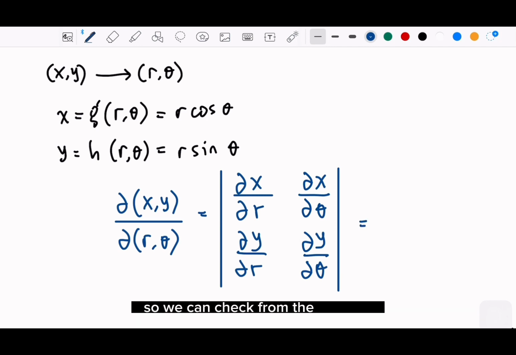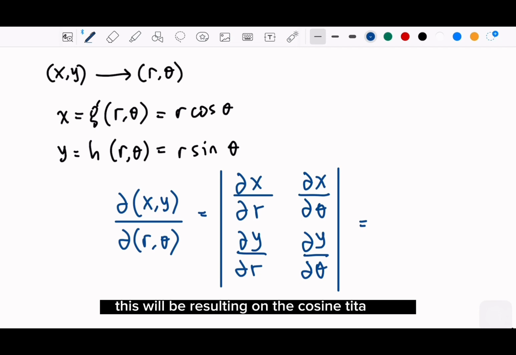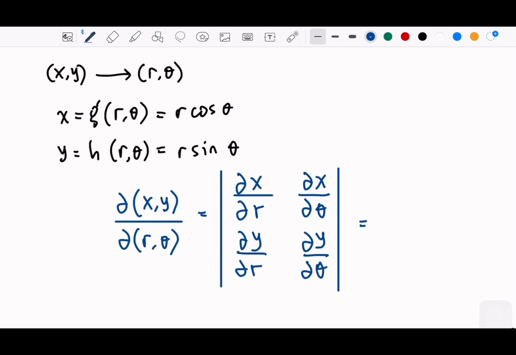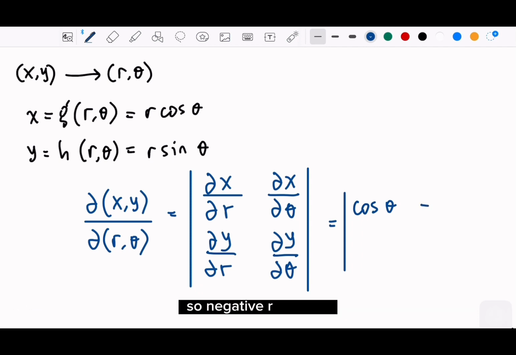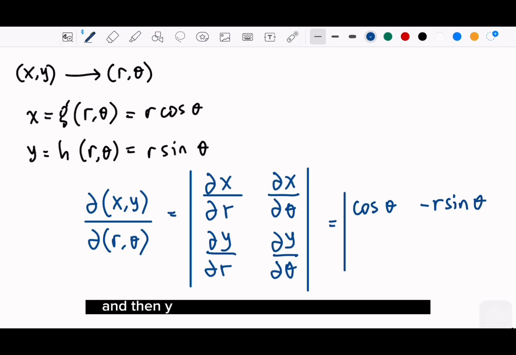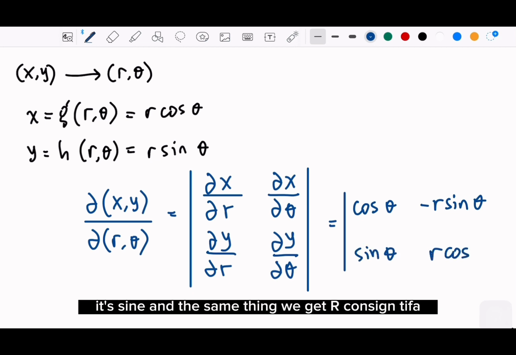So we can check from the first one, partial with respect to r for x will result in cosine theta, right? So cosine theta, and then we take the derivative of cosine theta with respect to theta and it becomes negative, so negative r sine theta, and then y, we take the derivative with respect to r, it's sine theta, and same thing, we get r cosine theta.